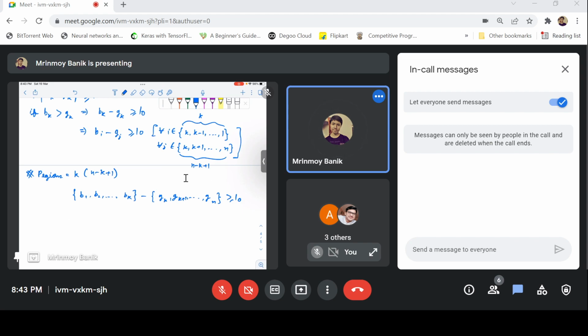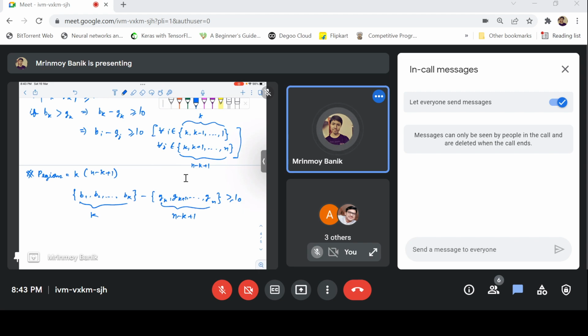So we have n pairs, and here there are k plus n minus k plus 1 many persons on the left hand side.